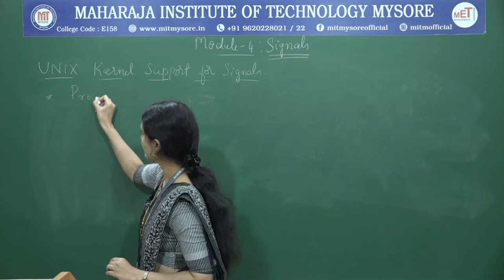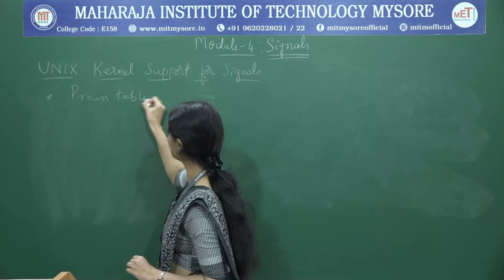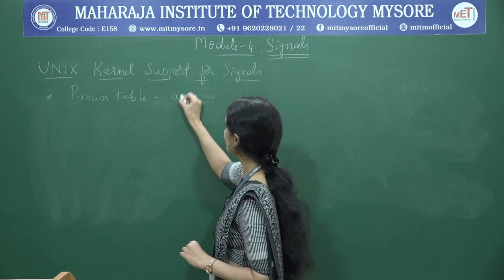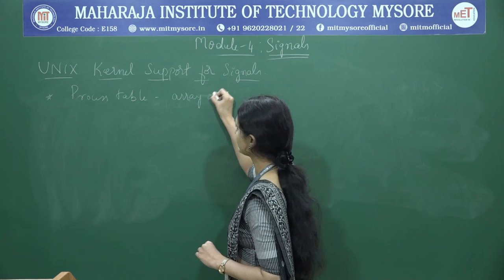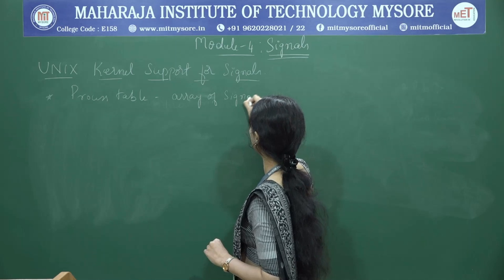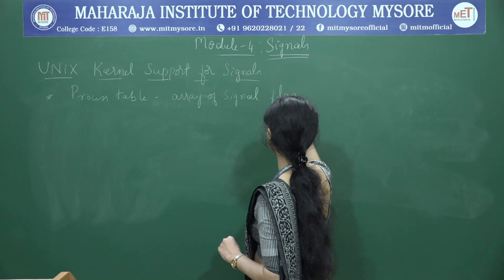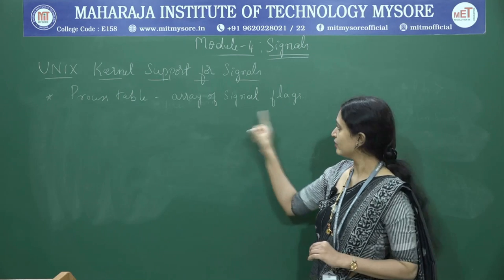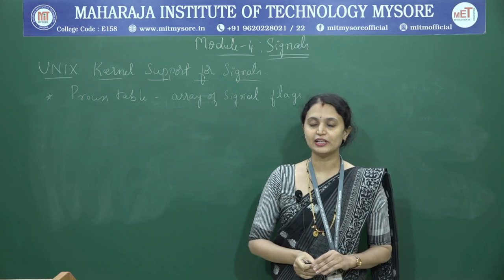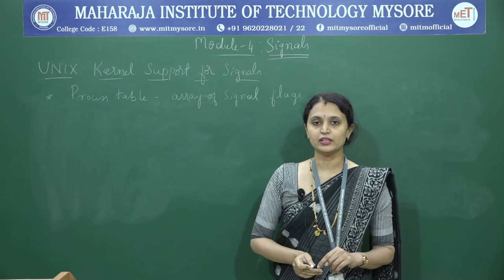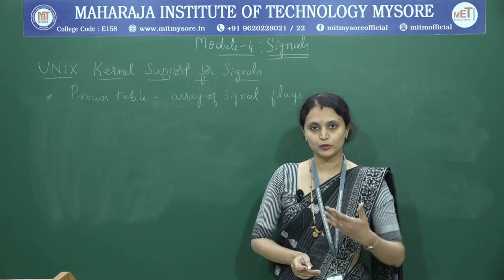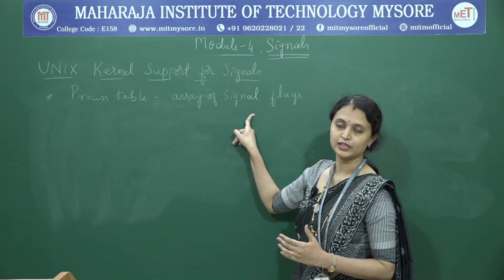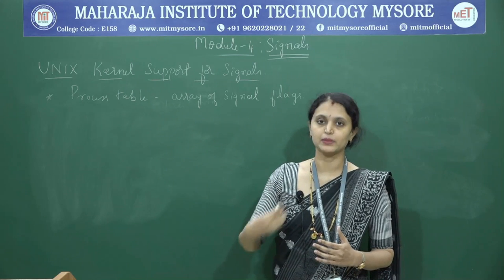Each process table in the kernel contains an array of signal flags, and each signal flag corresponds to a particular signal. Whenever a signal is sent to a process, the kernel will set the particular signal flag in the recipient process table.